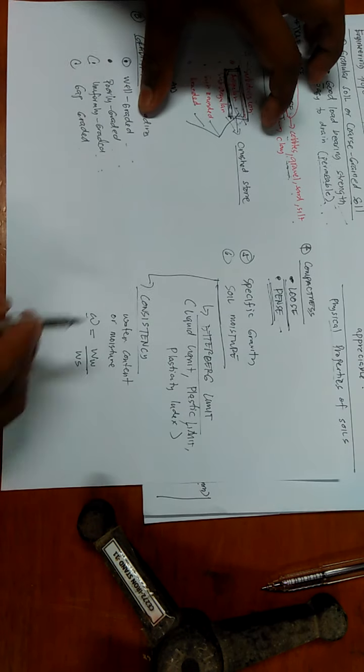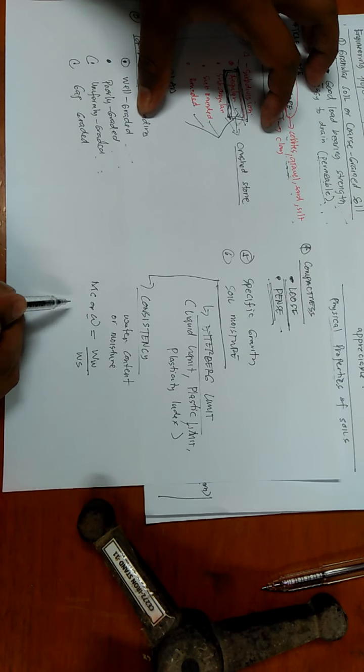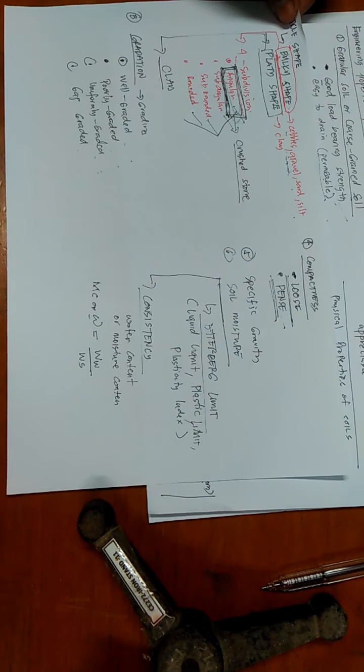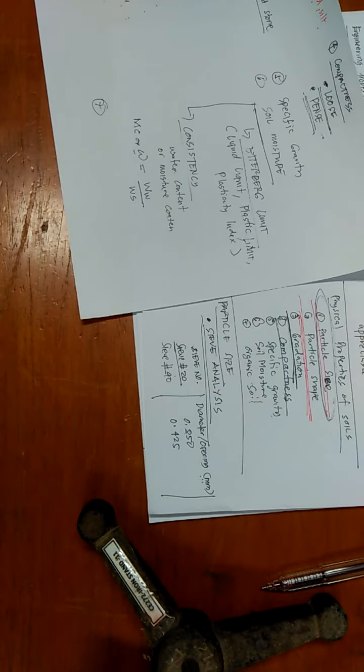So, omega, water content, or I think I wrote MC in your PDF, moisture content or water content.